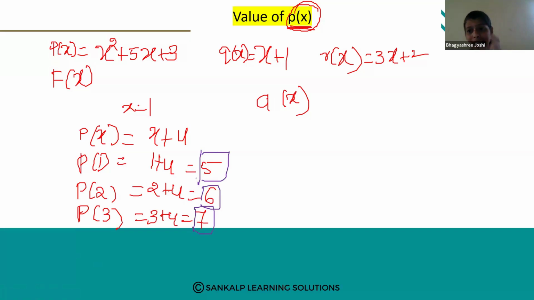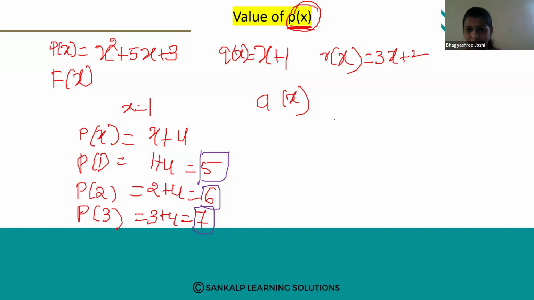So if I substitute different values for x, I will get different values. So these values we call it as a value of x. Right? Understood? Then what do you mean by value of x? Replacing x by k is called as value of p of x at x is equal to k.